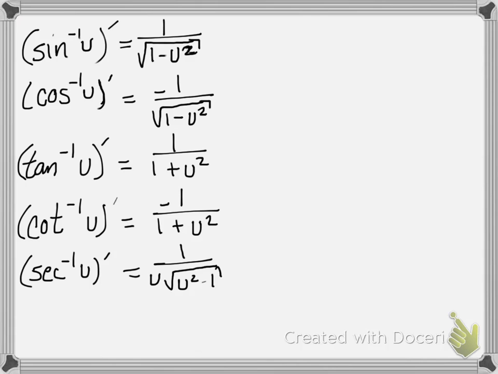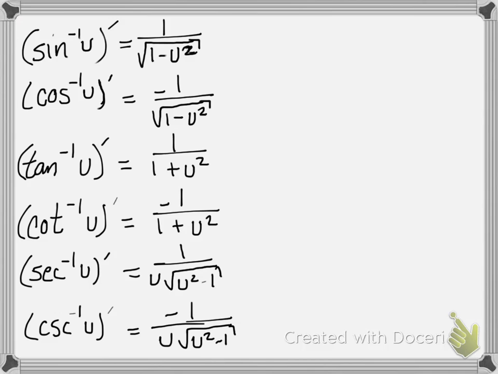And the arc cosecant of u's derivative is going to be equal to negative 1 over u square root of u squared minus 1.